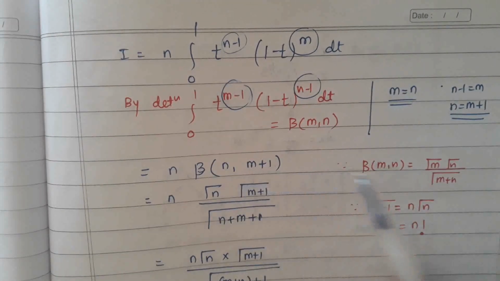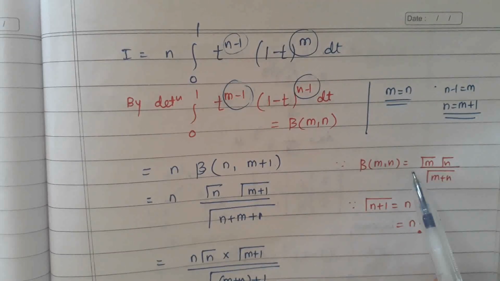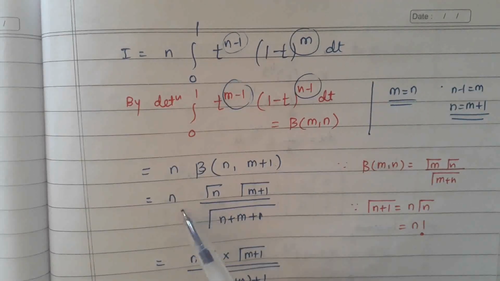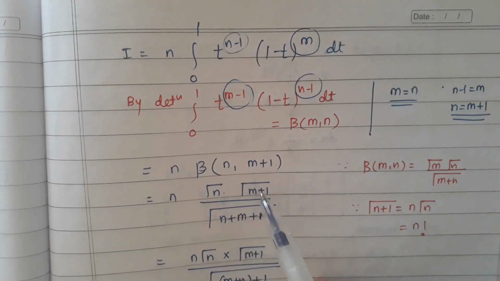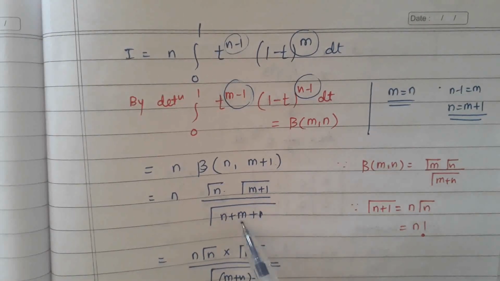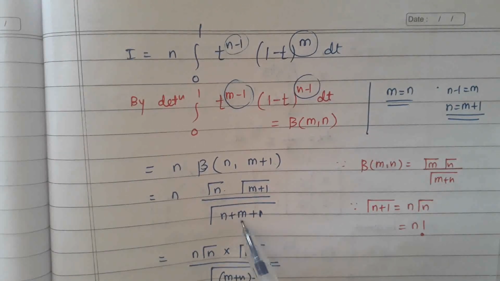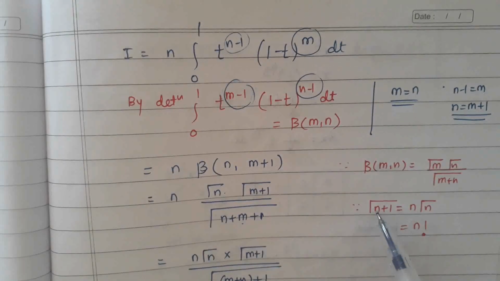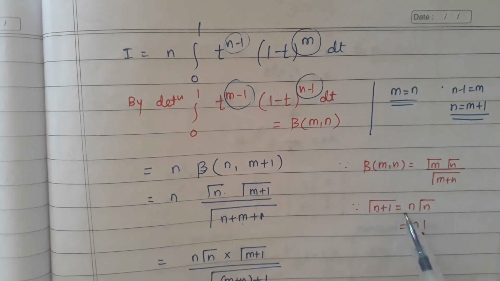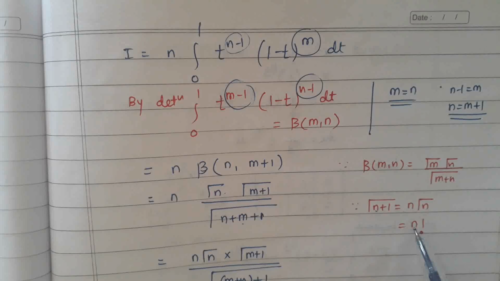To evaluate this, use the relation between beta and gamma function. This is equal to n into gamma n, gamma(m plus 1) upon gamma(n plus m plus 1). By the property of gamma function, gamma(n plus 1) is equal to n gamma n, which is n factorial.